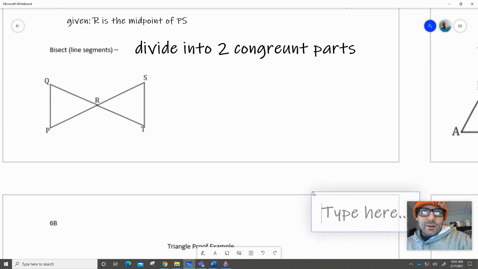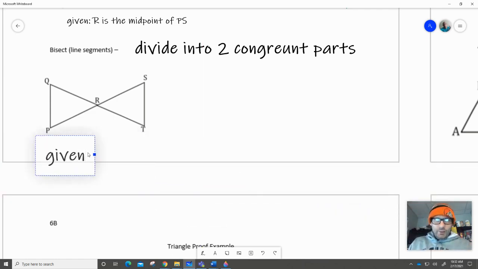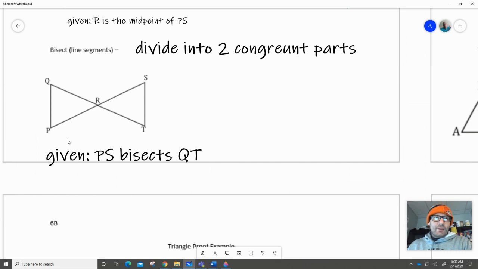Let's say in this triangle right here, they give us that PS bisects QT. This line segment right here, PS, bisects QT. With that happening, QT is being bisected, so QT is getting cut in half.